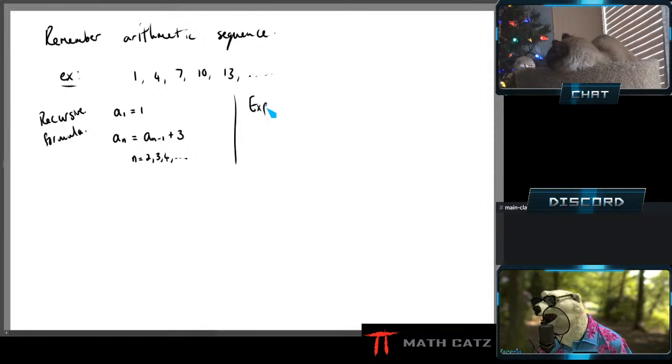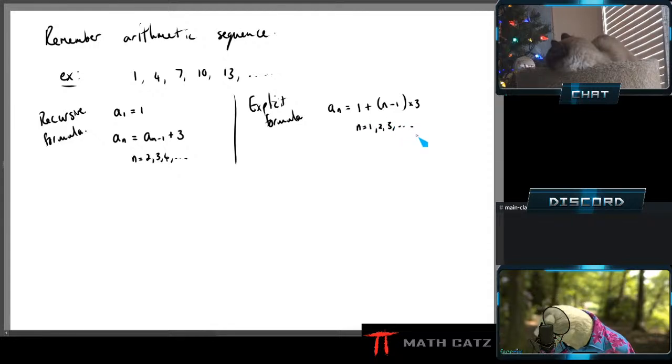And then on the other side, I have the explicit formula, because the recursive formula is nice translation-wise, but it's not that useful to handle a variety of problems, like counting how many terms I get to a target and all kinds of things like that. So we looked at another way of figuring out a pattern, and we saw it's the first term plus n minus 1 times the constant difference, and that will allow me to get any term that I may want.